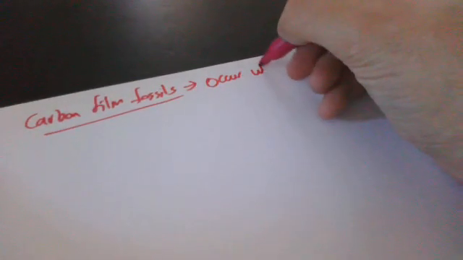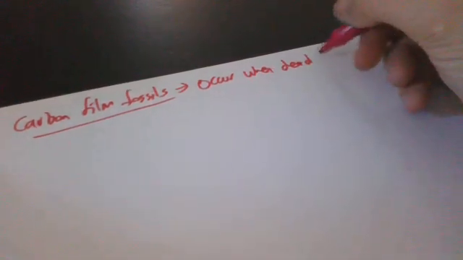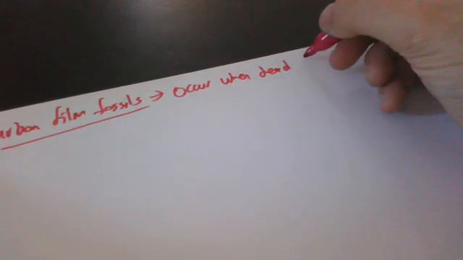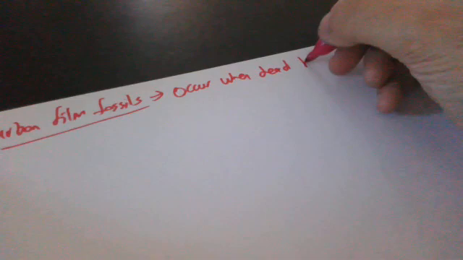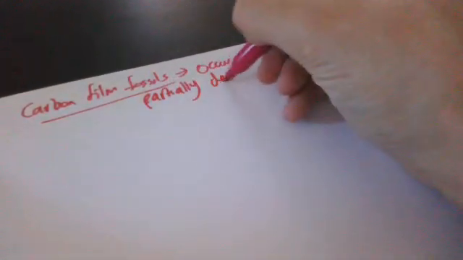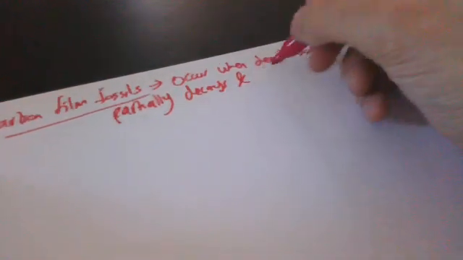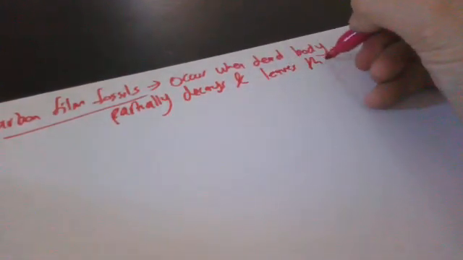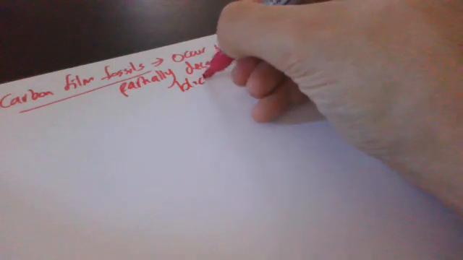Let me now talk about carbon film fossils. Okay, it occurs when a dead body partially decays and leaves behind a thin black deposit of carbon.